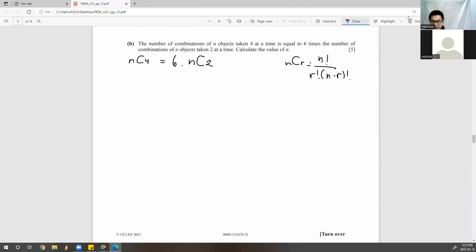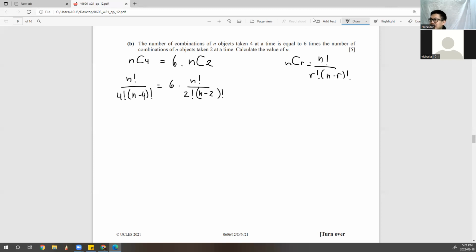I think we have learned this previously, it's way long ago. Okay, and C4. So n factorials, 4 factorials, and n subtract 4 factorials, right? And equals to 6 times n factorials, 2 factorials, and n subtract 2 factorials.